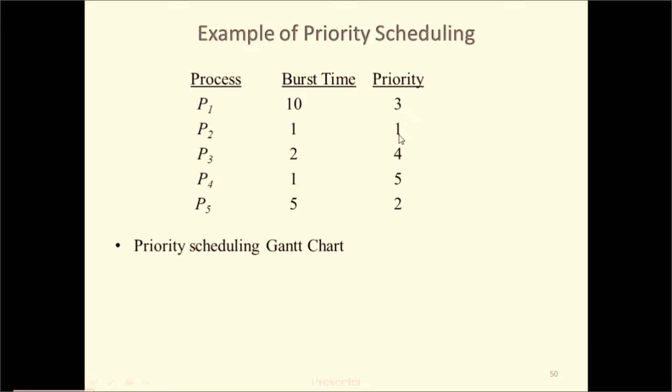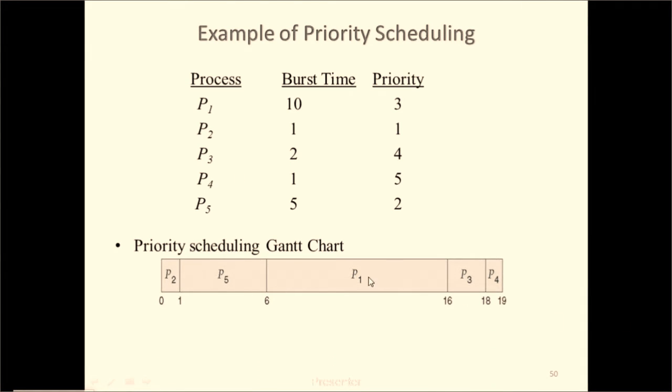So this is 1, then 2, then 3, then 4, then 5. Do remember that we are not looking at the burst time now. We are looking at the priority first. And this tells us that P2 should be scheduled first, then P5, then P1, then P3, and then P4.